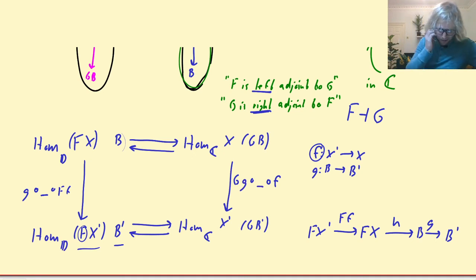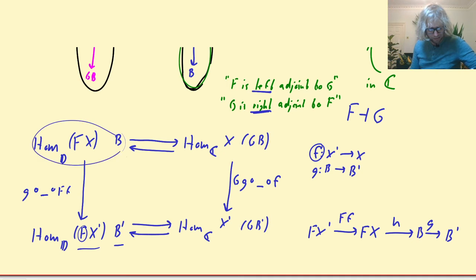So now we have a diagram in set, right? So all the nodes in this diagram are sets. This is the set of morphisms, etc. And the arrows here are the functions between sets. So this was the to, and this was the from.